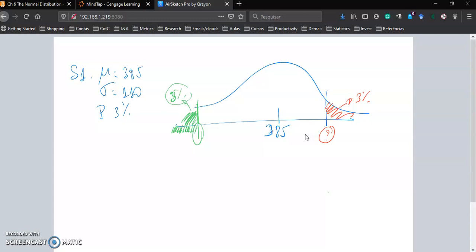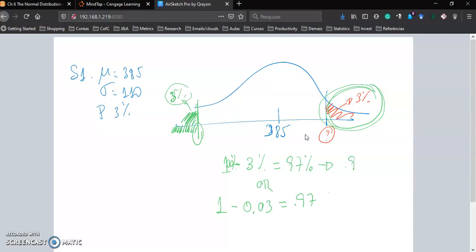What you have to do to get the upper 3% is subtract 1 minus the 3%, and then of course it's 100% minus 3%. This is 97%. Or you can do 1 minus 0.03, which is 0.97. Okay, this one you have to turn into decimal.